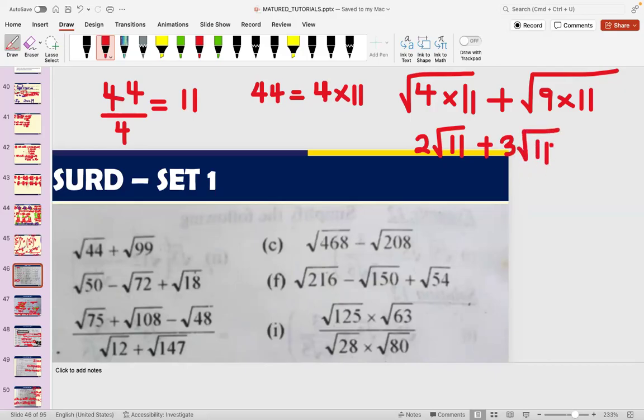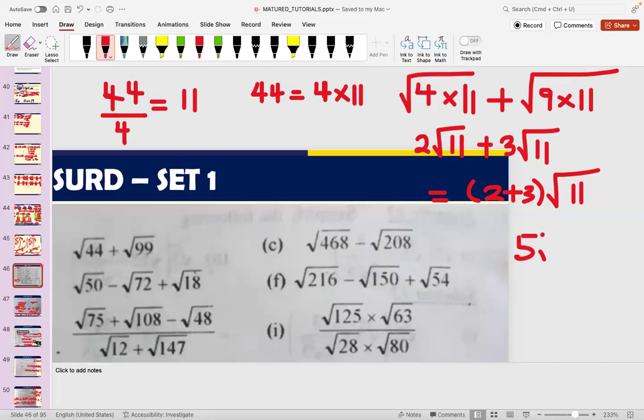At this point, the numbers in the root signs are the same. So we can use the first law. The first law says that if the numbers under the square root sign are the same, just add the numbers in front, which is 2 and 3. So finally, we have 2 plus 3 root 11. 2 plus 3 is 5.